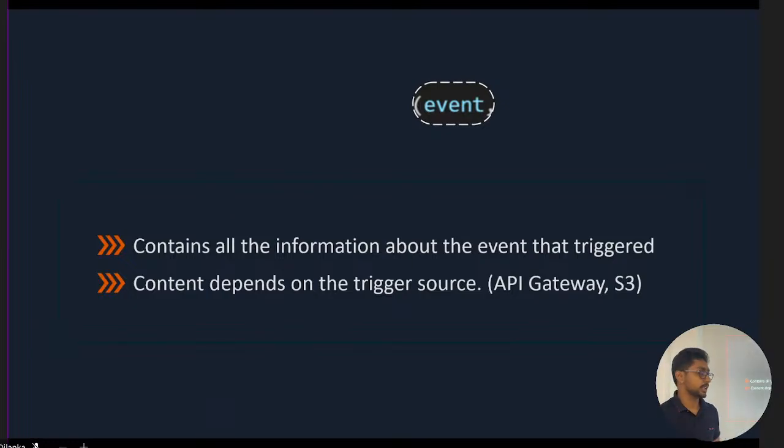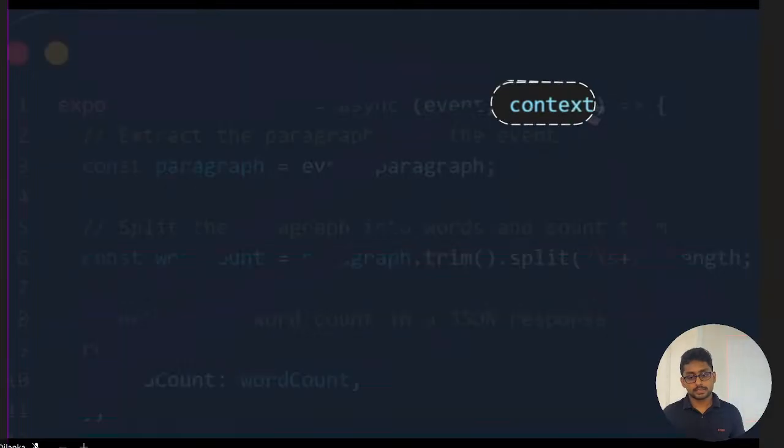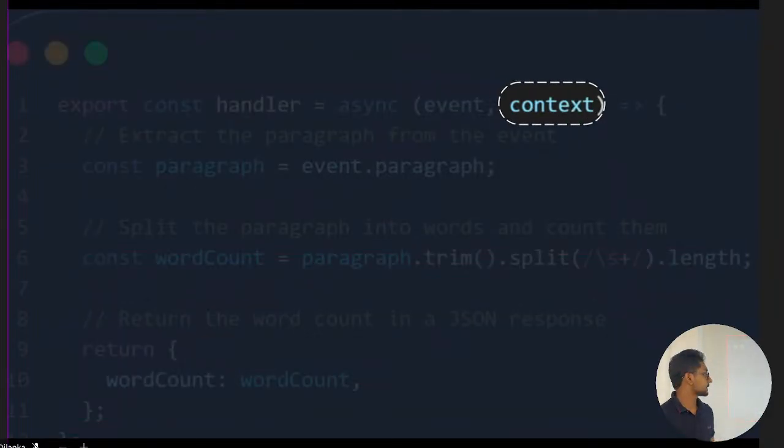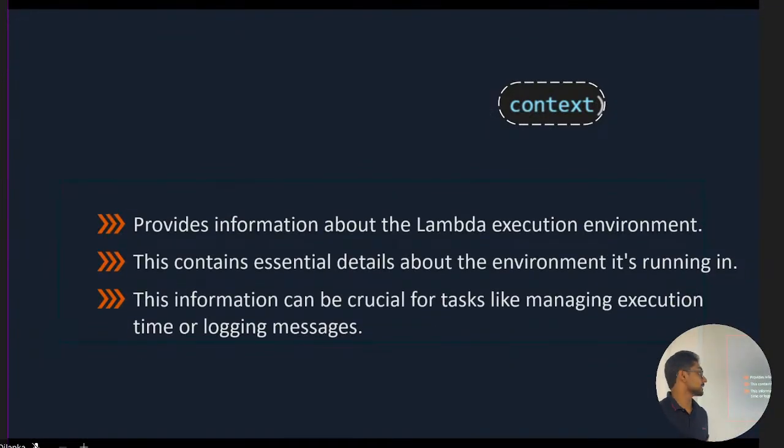If it is an API Gateway, the object will be different. If you want, you can have some custom objects as well. We will see it in the demonstration. The second argument is context. This is optional. This actually provides guidance to the Lambda function about the execution environment and so on.